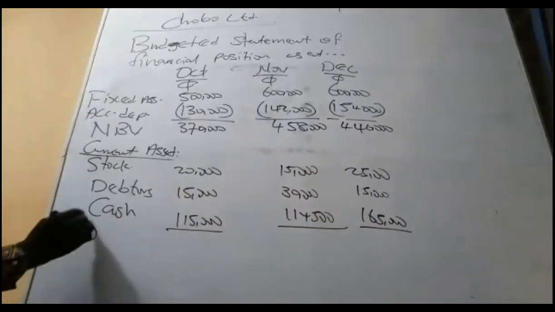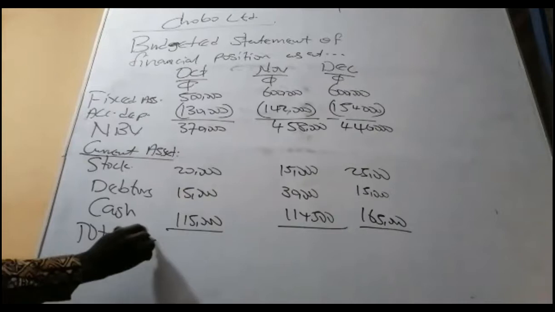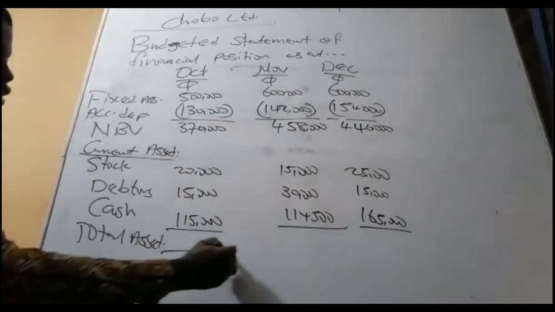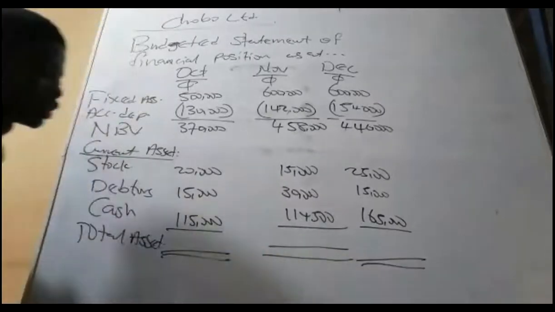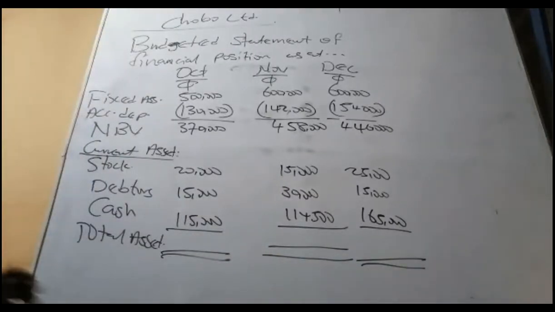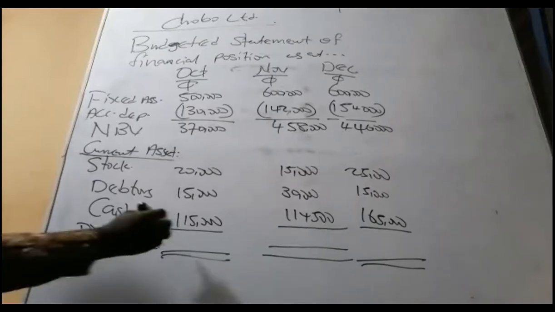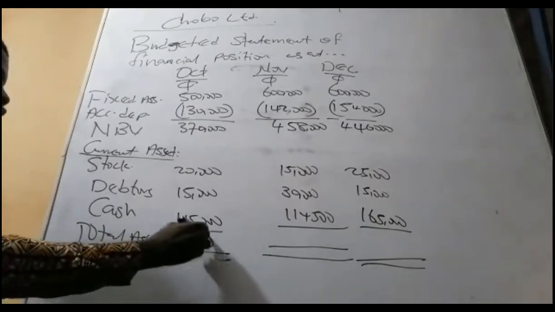So total assets will be... Okay, then let's go and do the equity section. Then we are done. So total assets will be 370 plus 20 plus 15 plus 115. So 520,000.